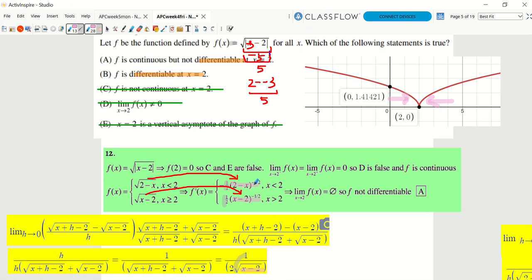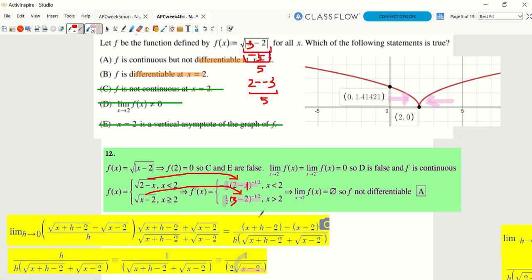And you can plug in some hypothetical numbers over here. You can plug in, for example, 1 here, because that's less than 2. And you can plug in 3 here.